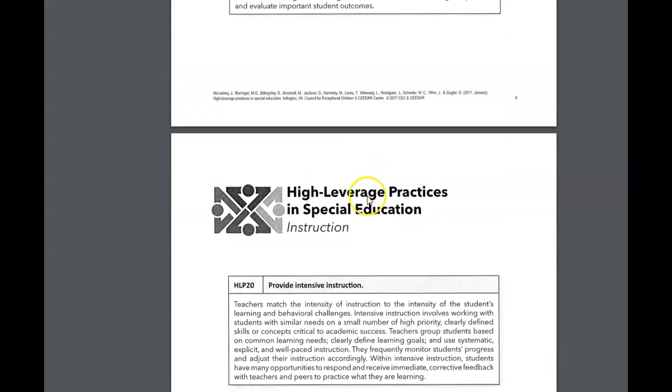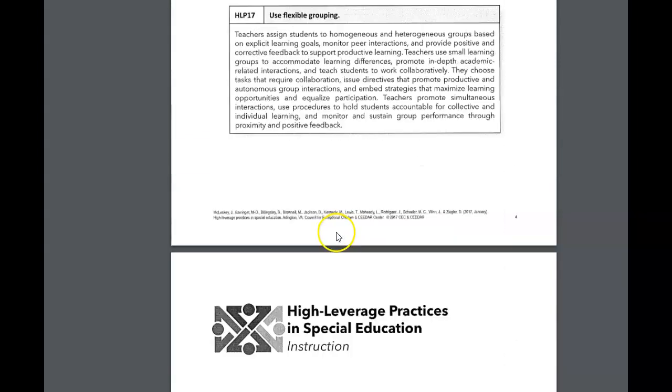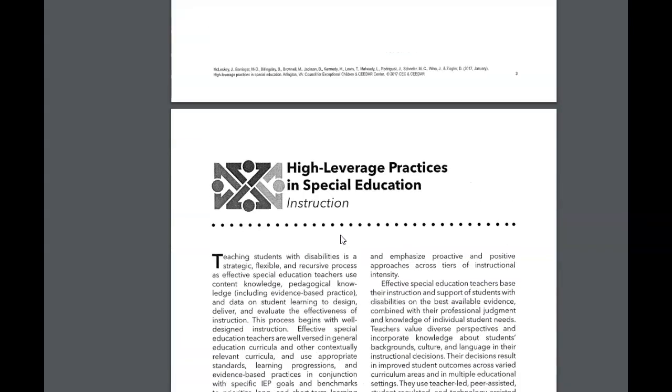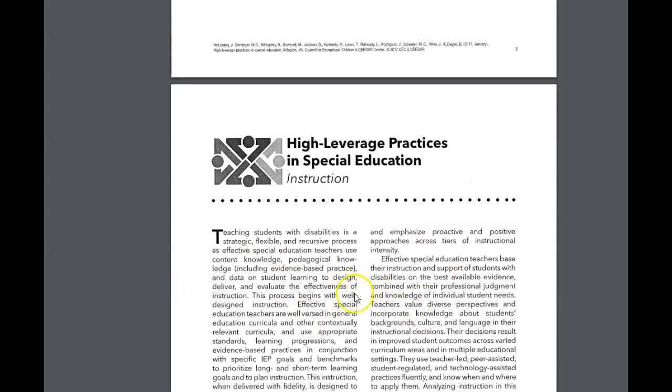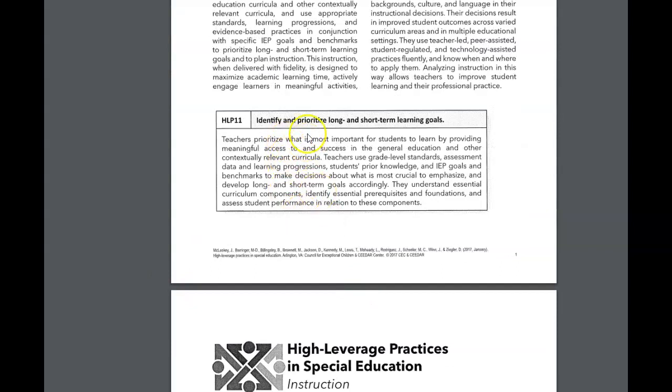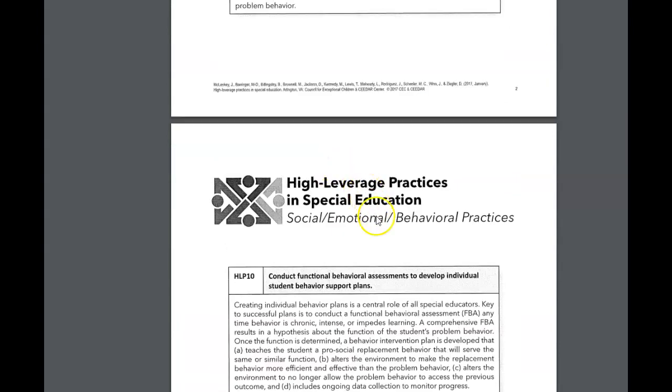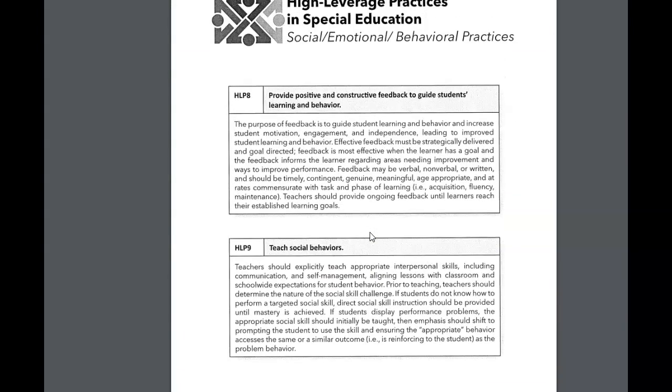They are divided into the areas of instruction, and I know I'm going backwards up the document. I apologize for that. Instruction gives you a little blurb about instruction and then a little summary about each of the high leverage practices, okay? And then still going up, social, emotional, and behavioral practices.